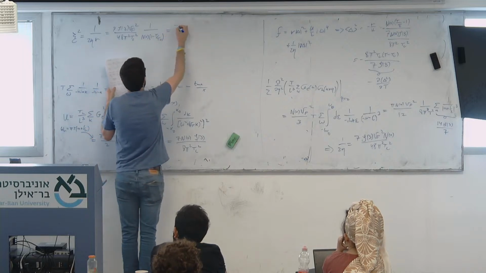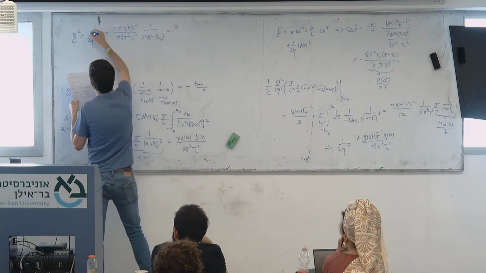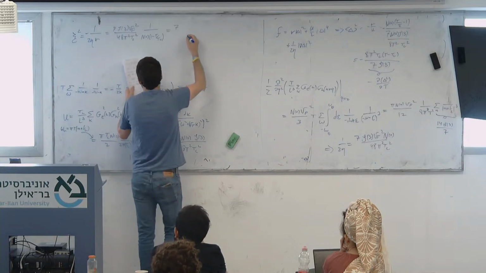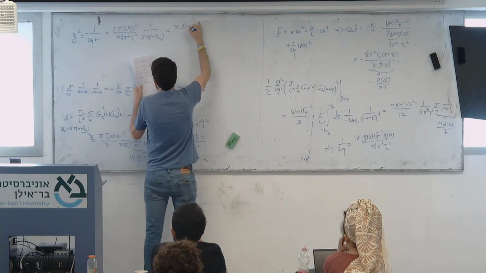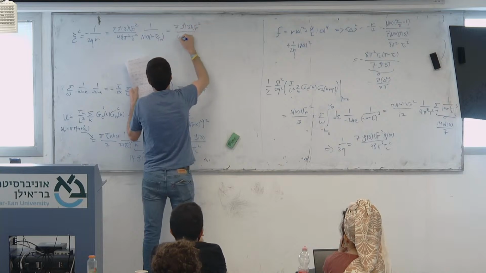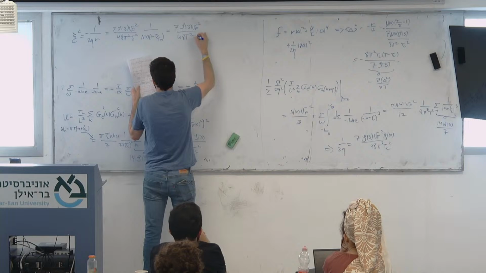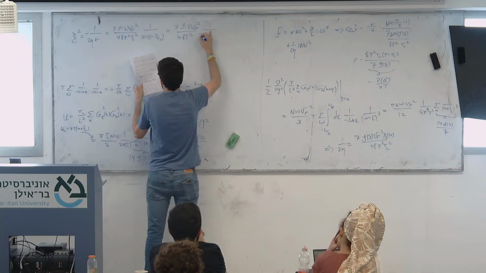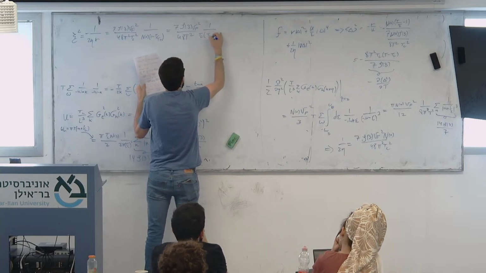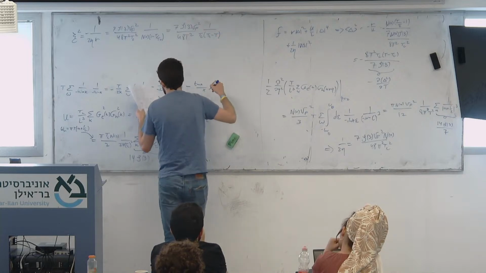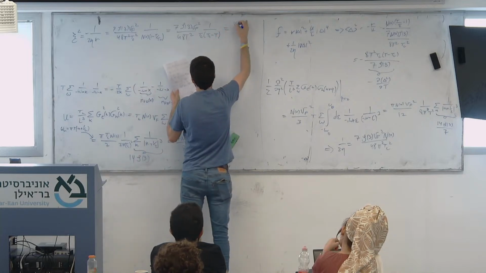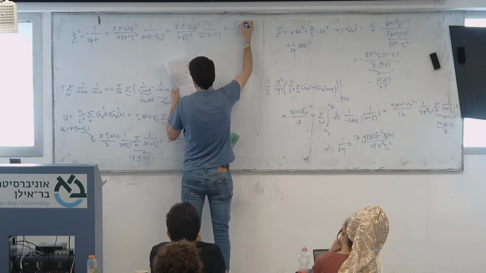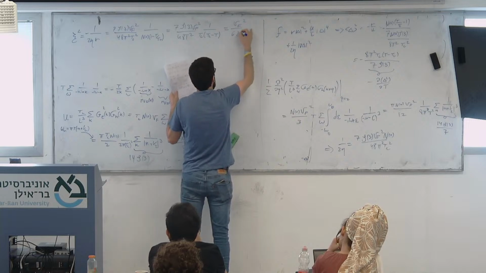which is equal to 7. Sorry, we need a minus sign here. 7 zeta of 3 v_F squared over 48 pi squared, 1 over T_c minus T, which comes out to be v_F squared over 6 delta squared.